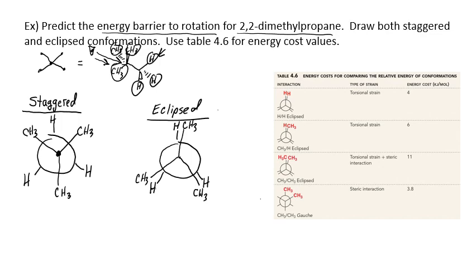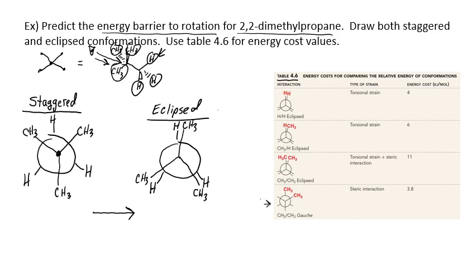Now I can use the table and try to answer this question. What is the energy barrier to rotation? That means what does it cost to go from my staggered to the eclipsed and then back to the staggered? So let's start with our staggered conformation. Are there any interactions here that are listed on table 4.6? Well, we don't have any eclipsing interactions in our staggered, and there are no gauche interactions, right? You can only have gauche if it's 2 non-hydrogen groups.